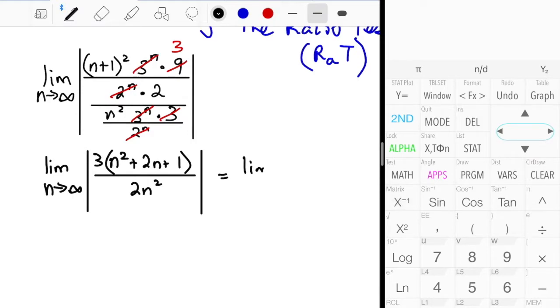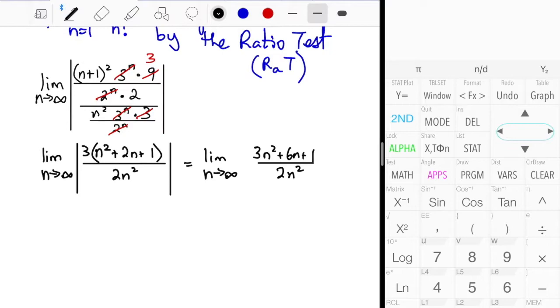Cleaning it up a little bit further, 3n squared plus 6n plus 1. Again, another instance where the absolute value is not going to be relevant, because you're taking the sum of everything that's guaranteed to be positive because you're going out to positive infinity. But just in case that's not obvious, you always have the ability to carry the limit through with whatever the operator is. So 3n squared plus 6n plus 1 over 2n squared.